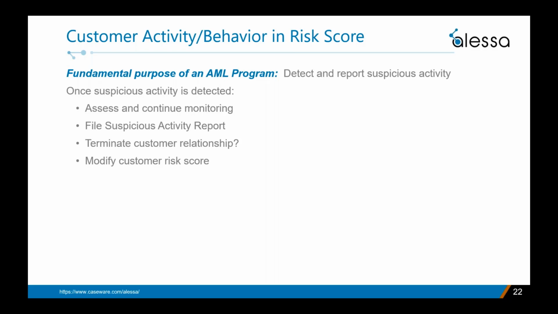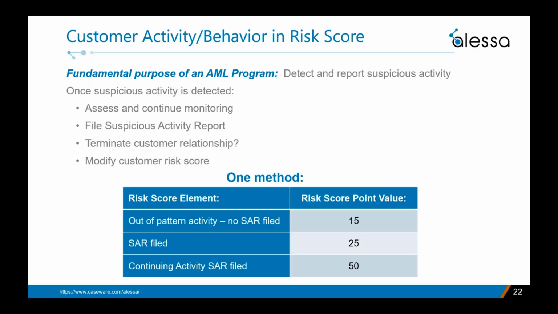Now, how you do this will be unique to your institution's AML system. One way to do this that's very transparent and simple would be to have some risk scoring elements for different levels of suspicious activity. For example, you could structure it like this. You'd have one risk element for, say, out of pattern activity, but no SAR filed.